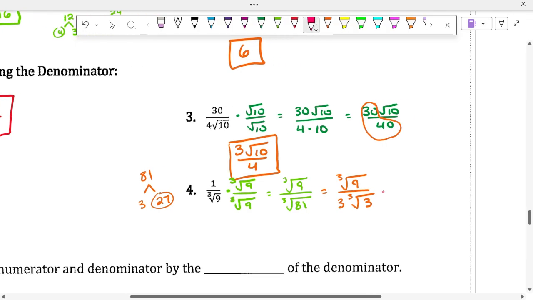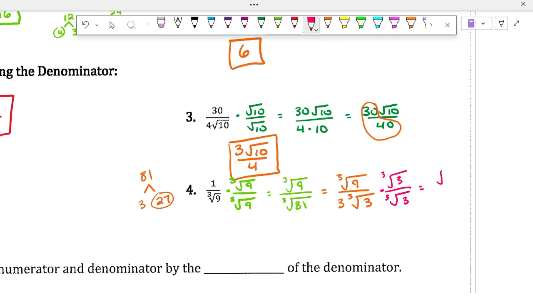Now I'm going to multiply the top and the bottom by the cube root of 3. So this would be the cube root of 27 over three cube root of 9.